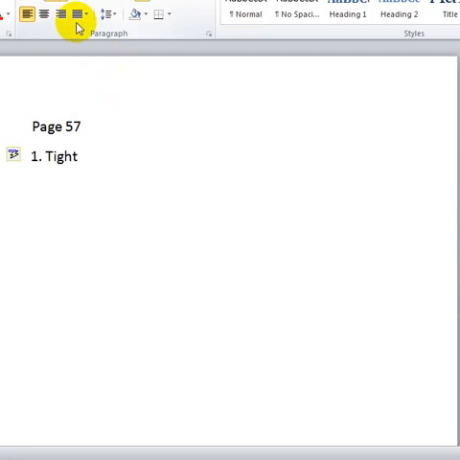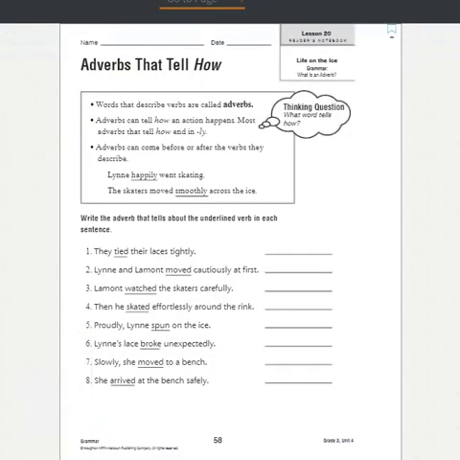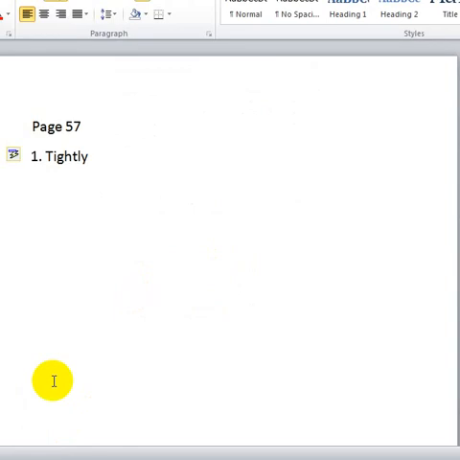Okay? Tightly describes the verb tied. Excellent. Okay, number 2. Lynn and Lamont moved cautiously at first. The verb here is moved. Which word describes how they moved? Cautiously, with lots of care, right? So cautiously here is the adverb that describes the verb moved. Number 2, we're going to say cautiously.